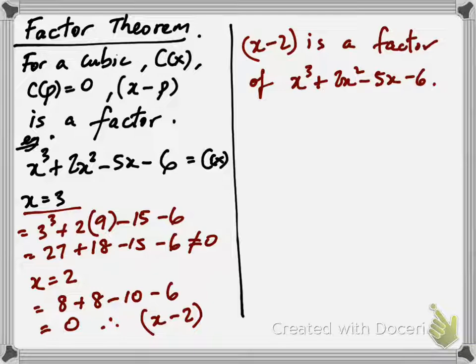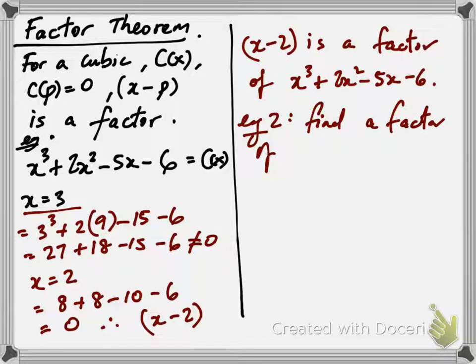Let's try another one. Example 2. Find a factor of 4x cubed minus 13x plus 6, equals, let's say, r of x.